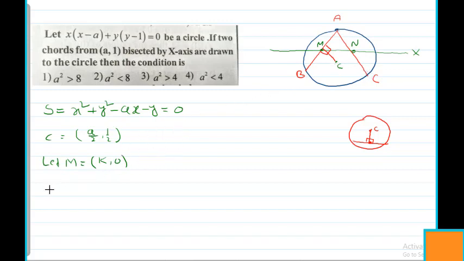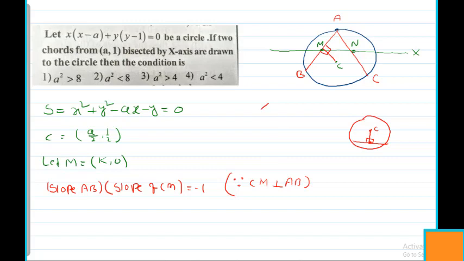Now I can say that the slope of AB times the slope of CM is equal to minus 1, since CM is perpendicular to AB.